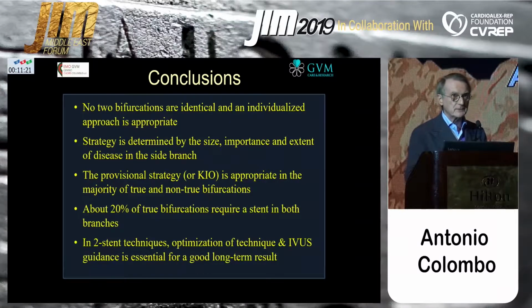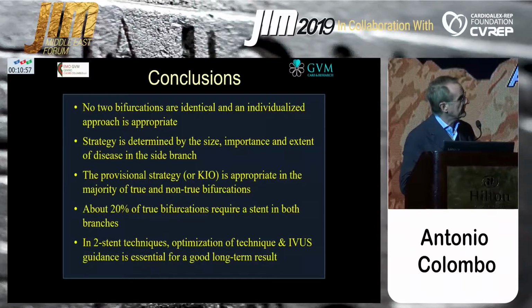If it gives you a funny result, you know already that you have to go crossover from the very beginning. So strategy is also determined by the size and extent of disease of the side branch, and I would add here, by the conditions of the patient, which is not here.